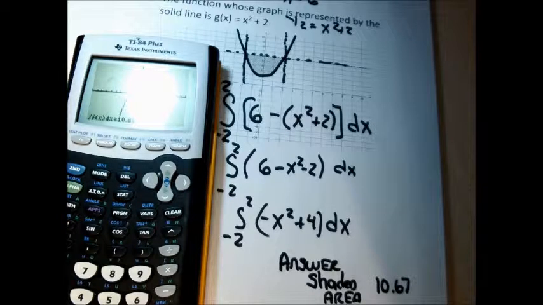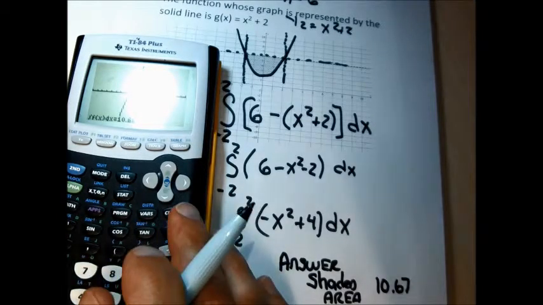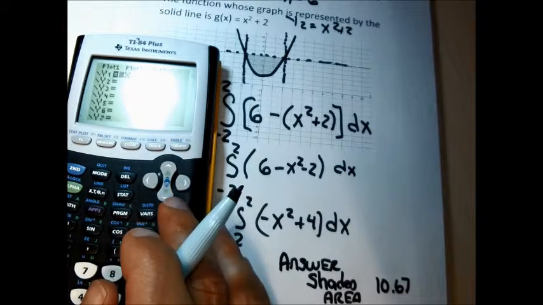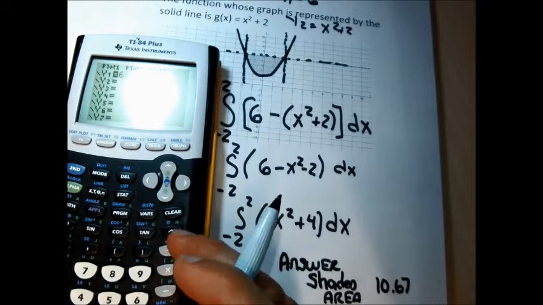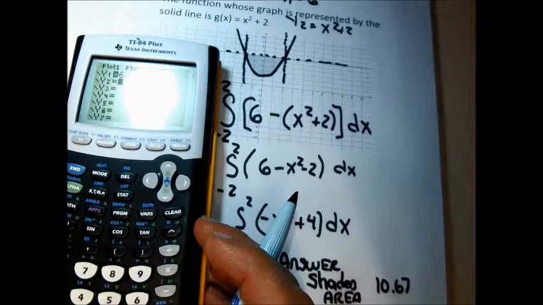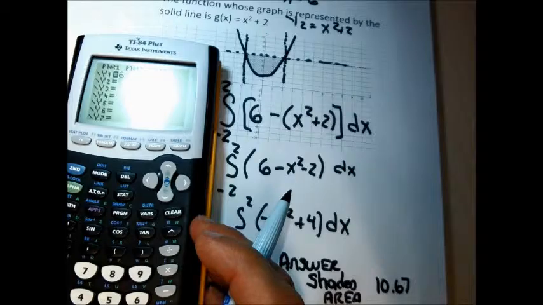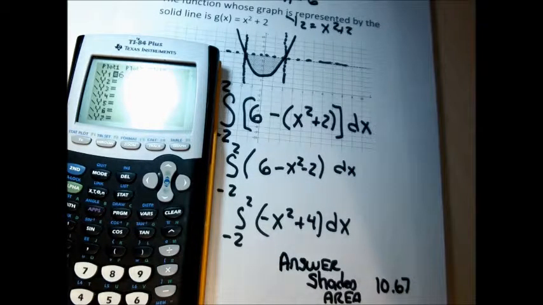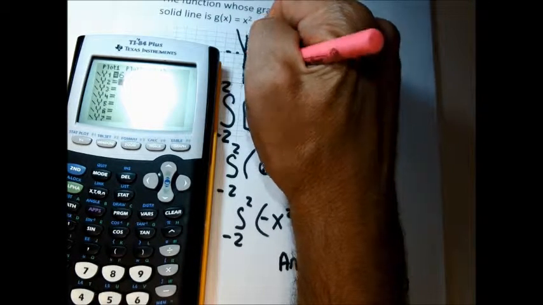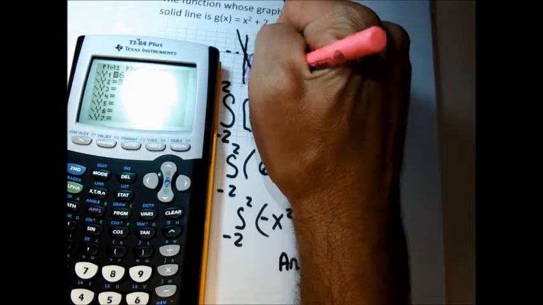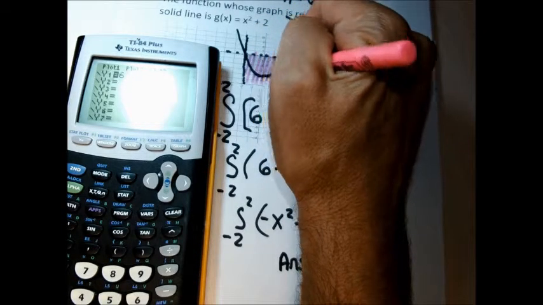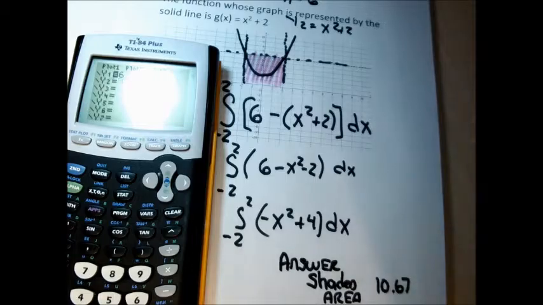If there was another way to do it that you could keep the graphs, let me show you how to do that. So if I wanted to enter the function 6, I can find the area beneath the graph. I could find this area by integrating that.